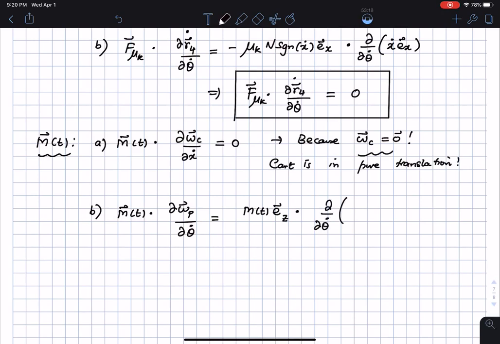If you look at the angular velocity of the pendulum, it's theta dot in the e z direction, right? Which means that this is just going to give me m of t directly applied as a moment.